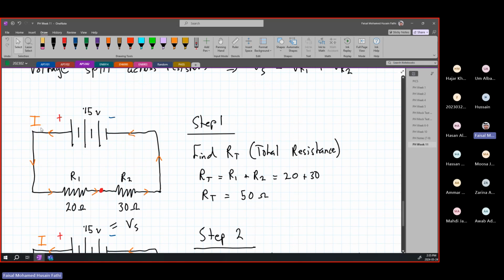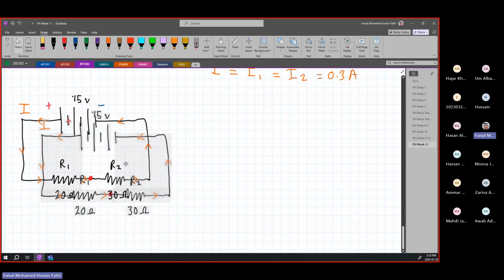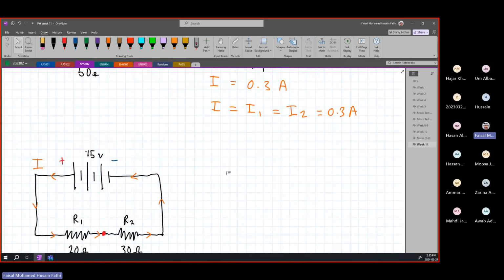Now let's look at step 3. So step 3 was we are trying to find the voltage drop across each resistor, which is our VR1. So we remember when I said we have a voltage dropping here, call it VR1, and we have another voltage drop here, we will call it VR2.